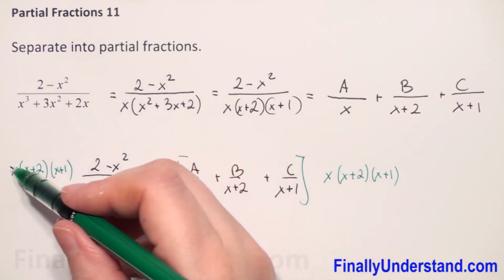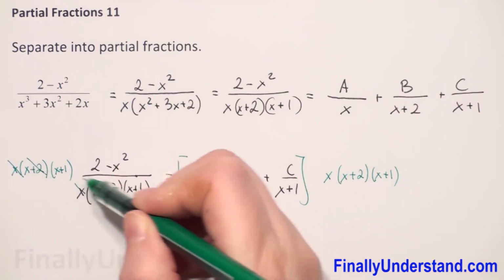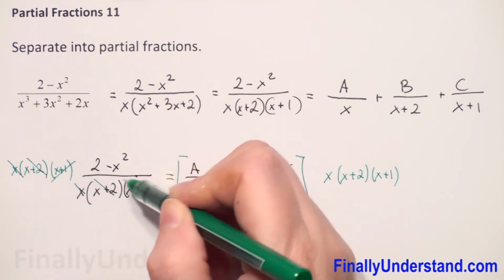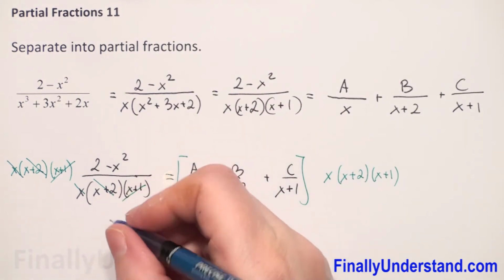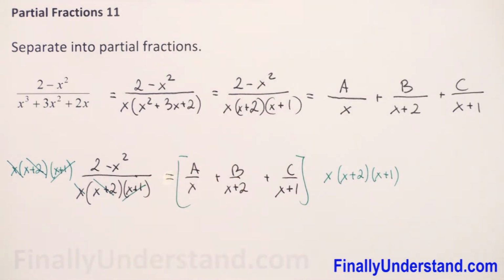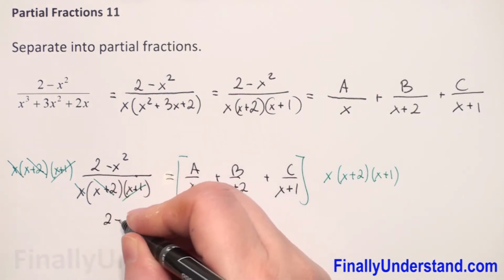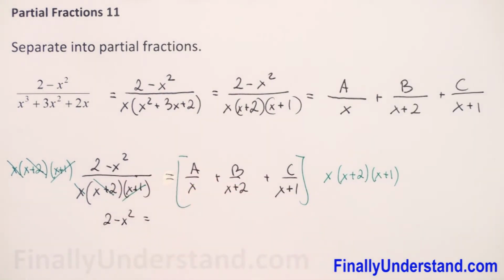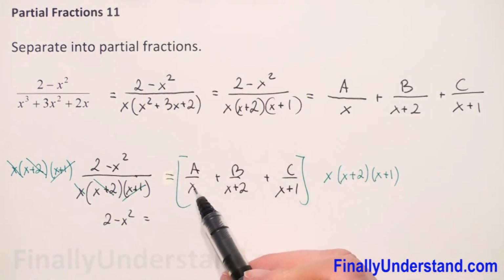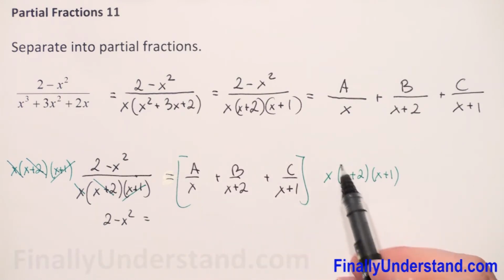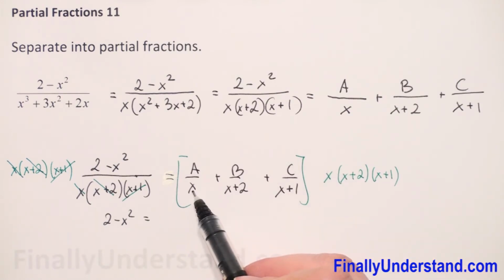So now we see that we can reduce x with x, x plus 2 with x plus 2, x plus 1 with x plus 1. So we will have only on the left side 2 minus x squared, and on the right we have to multiply every fraction in brackets by this whole expression. When we multiply the first fraction by this whole expression, x and x will cancel out.